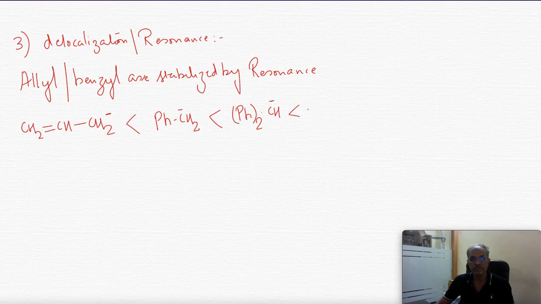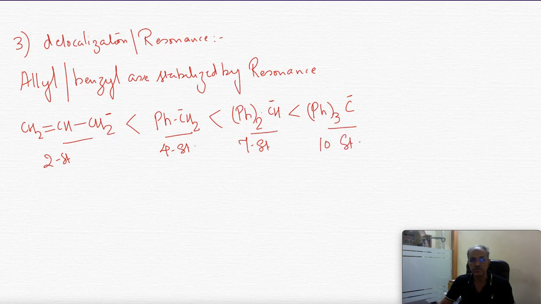This is lesser than phenyl thrice C minus. That means a tertiary phenyl is more stable than secondary, which is more stable than primary, which is more stable than allylic. If we do the resonating structures, this will give 2 structures, this will give 4 structures, then this will give 7 structures, and this will give 10 structures. Just try to do the resonance, you will come to know. So 2, 4, 7, 10. The more the resonating structures, the more the stability, as we know. Okay, this was the third one.